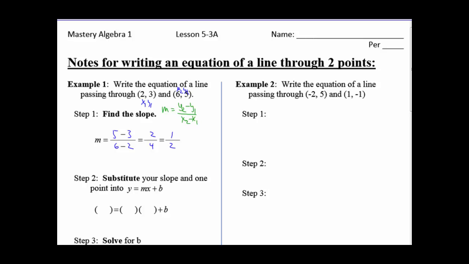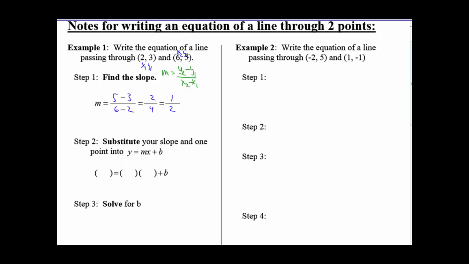Next, once we find our slope, we're going to take our slope-intercept form equation, y equals mx plus b, and we need to solve for b. So if we're going to solve for b, that means we need to plug in a y value, an m value, and an x value. Well, given the 2 points that we have, and we just found the slope, we know that the slope is 1/2, and then we just have to choose one of the 2 points. So let's just take the first point.